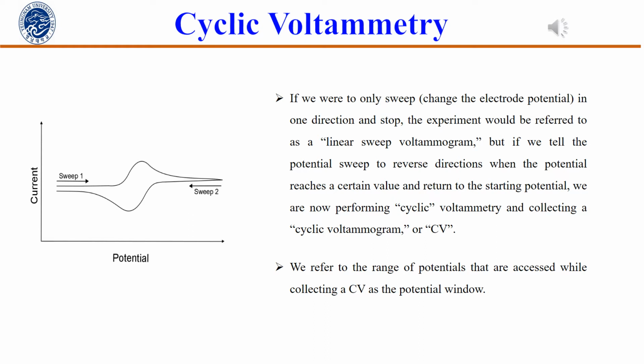In chemistry, we should be comfortable with thinking about the change in the potential energy of a molecule. Here, if we want to understand cyclic voltammetry, we need to know about the potential energy of a molecule during molecular transformations. Whenever we change the electrode potential, there is a change in the current, that means electric flow.